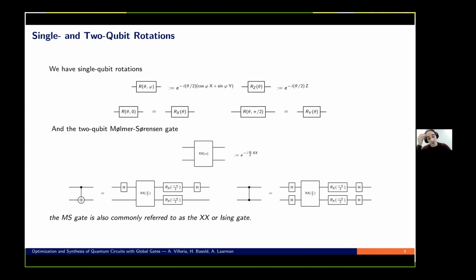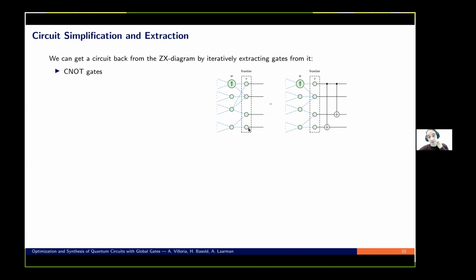So there are a few gates that you can extract when doing, I would say, the standard way of doing circuit extraction. One of them are the CNOT gates. So the CNOT gates, what you do to extract them is that you go to your rightmost part of your diagram, you take the vertices from there, you call them the frontier, and then you're going to be applying operations on this frontier in order to simplify it and move it forward until you consume the whole diagram.